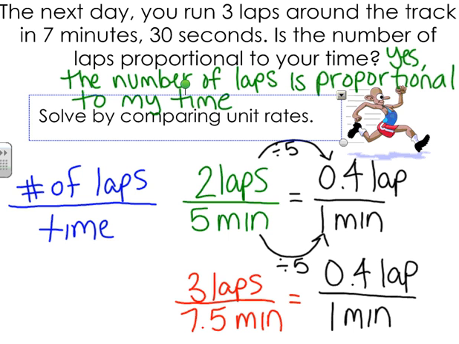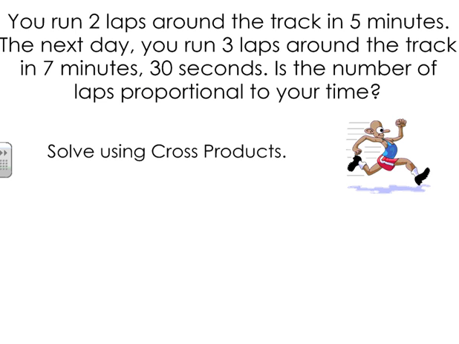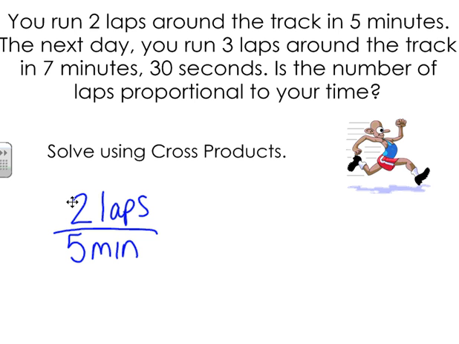All right, next we're going to solve the same problem, except instead of using unit rates, we're going to use cross products. So I'm going to set this up just like I did before. I had 2 laps in 5 minutes. The second day I had 3 laps in 7.5 minutes.